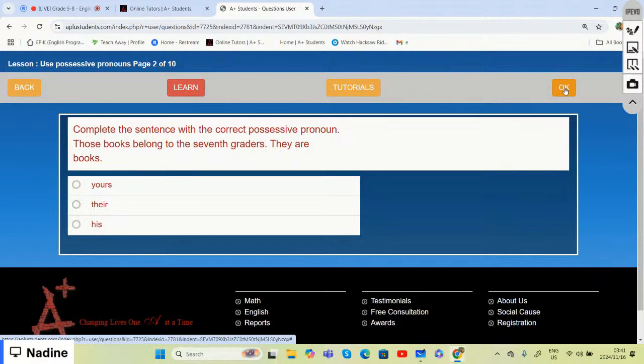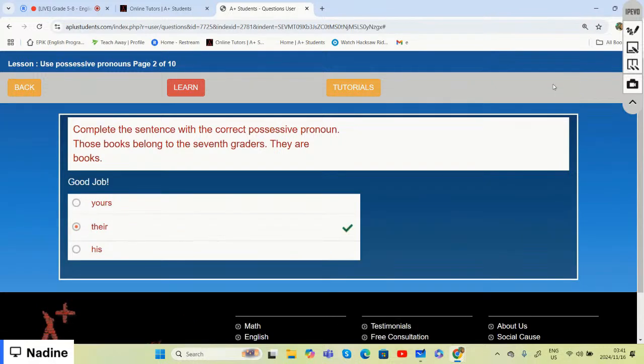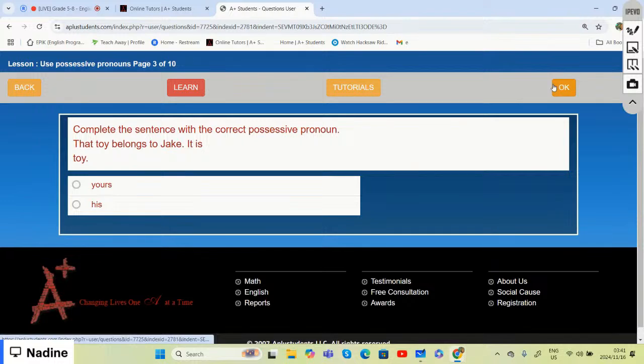If we were to choose the correct one, then we will say those books belong to the seventh graders. They are their books. Yes, option two is correct. Their.